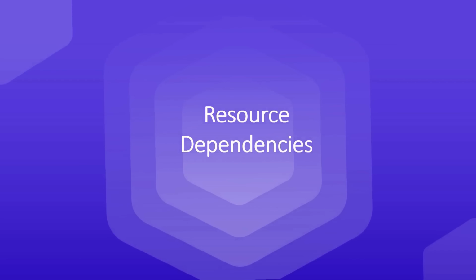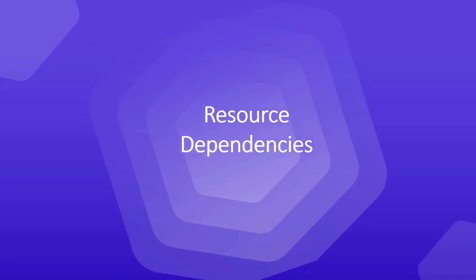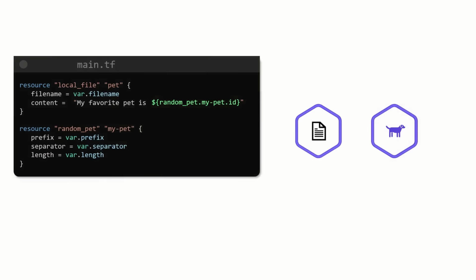In this lecture, we will take a look at the different types of resource dependencies in Terraform. In the previous lecture, we saw how to link one resource to another using reference attributes. By making use of reference expression and interpolation, we were able to make use of the output of the random_pet resource as an input for the local_file resource.